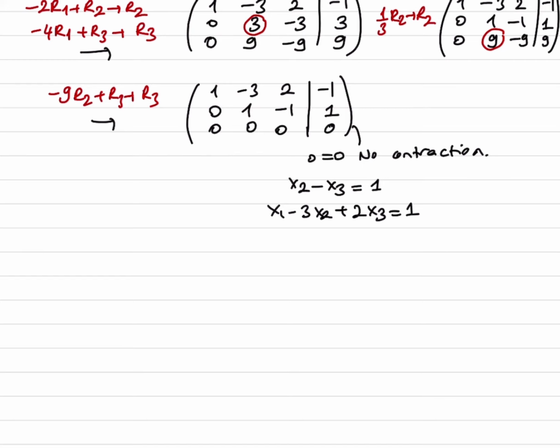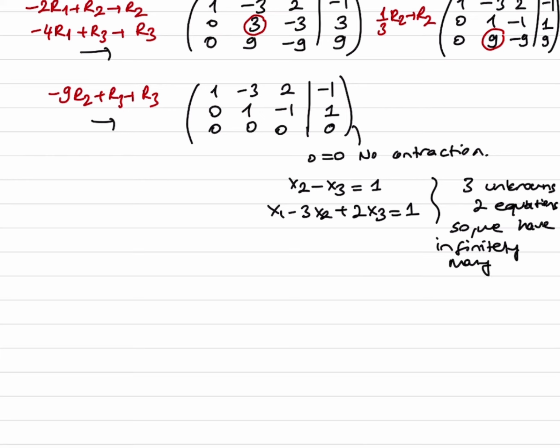So we have 3 unknowns and 2 equations, and we know from high school that we have infinitely many solutions, right? In this case, we have infinitely many solutions.